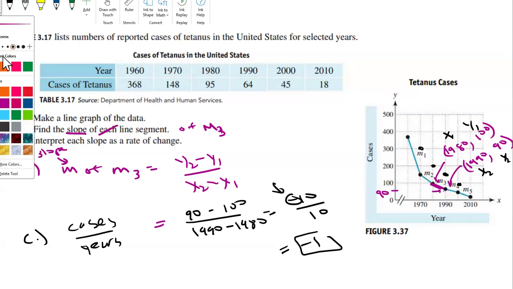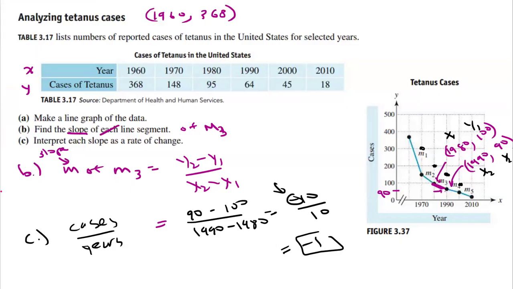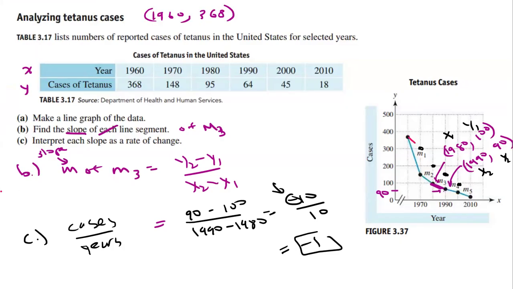But since some of these points are not exactly on the grid line, this point here and this point here are easier to pick because we know exactly what those numbers are.